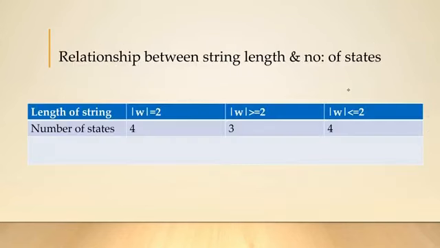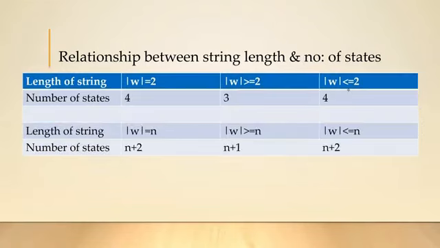Now let's see a small relationship between the string length. We saw that in the first problem, when the length equals 2, you did have 4 states. When the length is greater than or equal to 2, you did have 3 states. And when the length is less than or equal to 2, you had 4 states, which means when the length is equal to n, you will be having n plus 2 states.